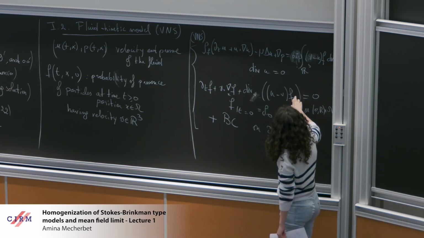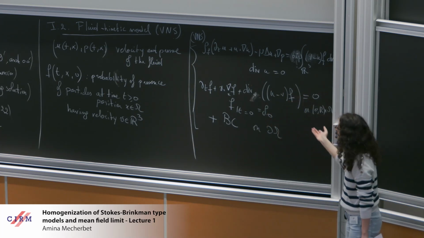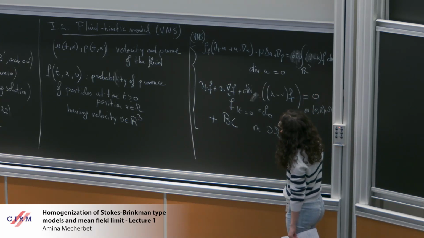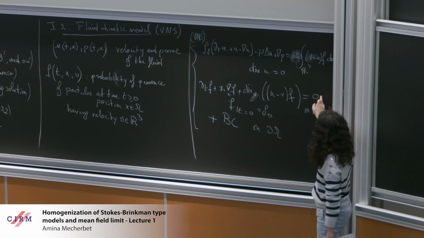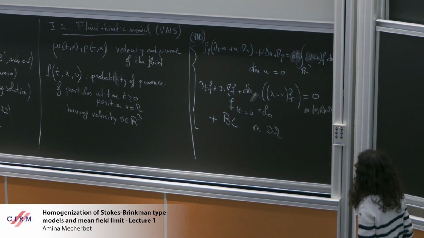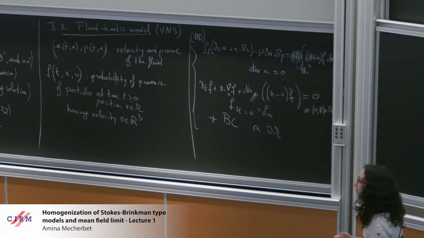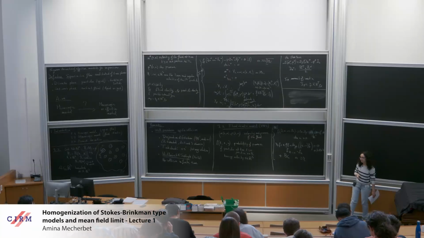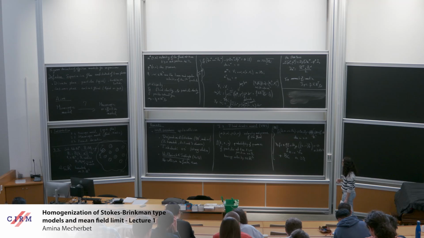There are also some possible additional terms that might pop up. There are also some richer models, where you can add Brownian effects, etc. But I will just focus on this one, and I will not really talk about well-posedness in this course, but maybe this will be tackled in some other talks.